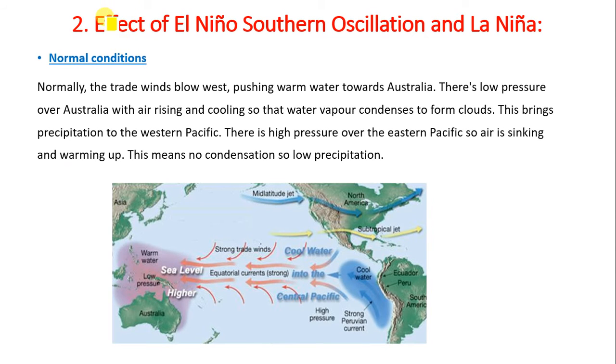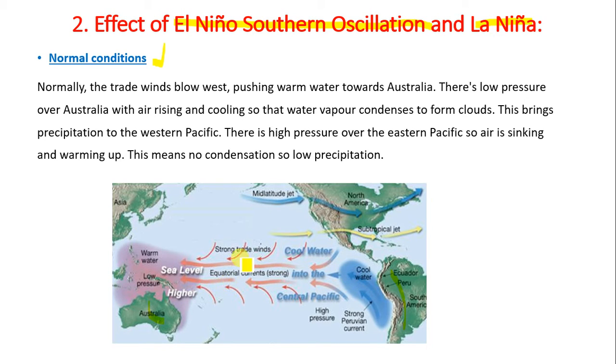Another cause of drought is the El Nino Southern Oscillation and the La Nina effect. I think we've explained this a little when we looked at El Nino Southern Oscillation and its effect on oceans and fisheries. But bringing it here, in normal conditions between South America and Australia, the trade winds blow westward.